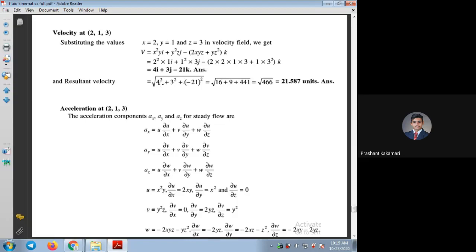So that value I can substitute and write it as 4 square plus 3 square plus minus 21 square. If you take all this sum and square root, I can get the resultant velocity. So that is coming around 21.587 units. Here units are not mentioned in the problem. Directly you can take the number itself.